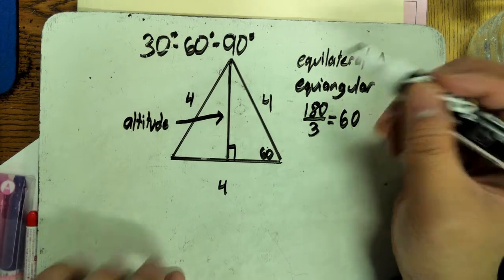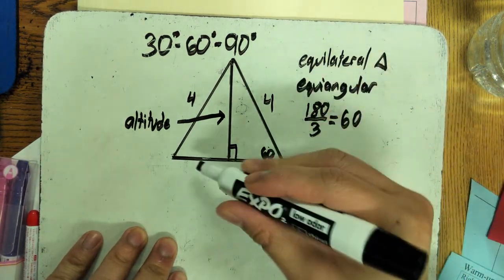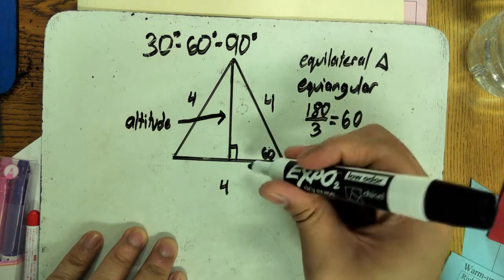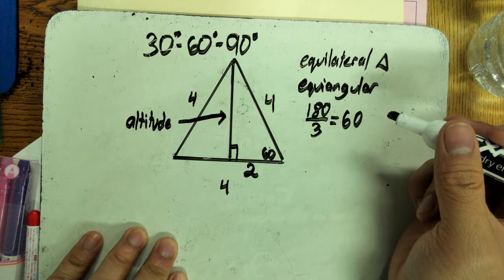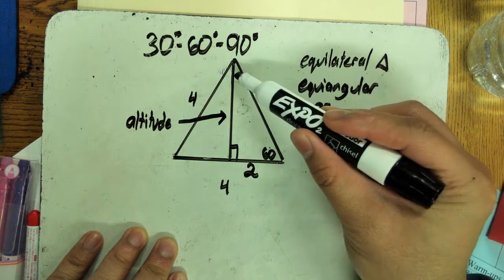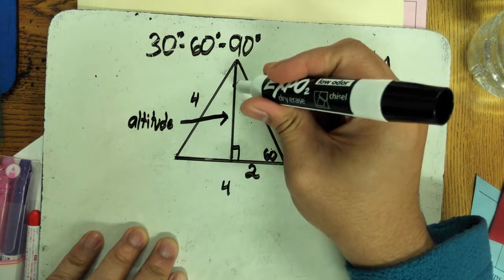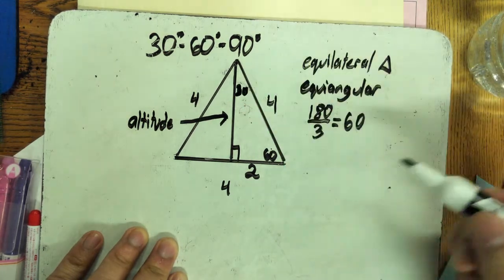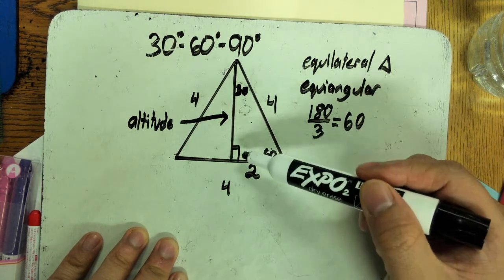That's an altitude. So by cutting this triangle in half, that means this bottom portion is cut in half. This side length is 2. Lastly, the angle up here was cut in half. Originally we had 60. 60 cut in half is now a 30. So there you have on the right a 30, 60, 90 triangle.